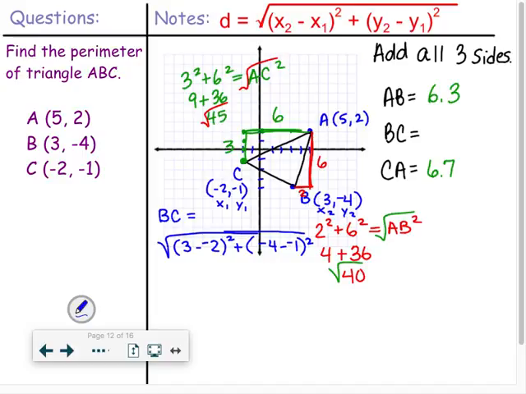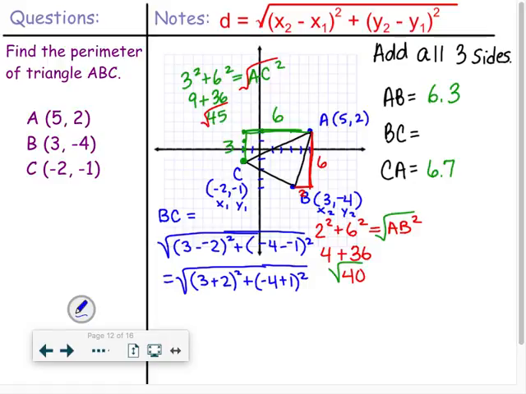And stop and check, make sure I've used each number once. X2 minus x1, y2 minus y1, okay. So both of these turn into a chunky plus. So 3 plus 2, and then negative 4 plus 1.